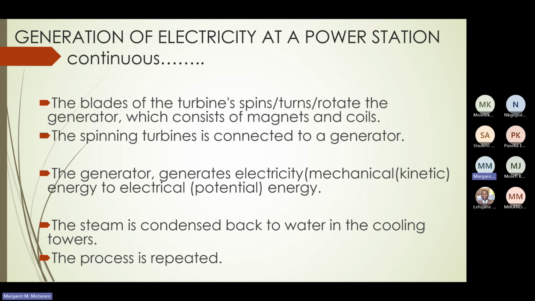The generator generates electricity, converting mechanical or kinetic energy to electrical energy. The steam is condensed back to water in the cooling towers. The process is repeated, it goes on and on.